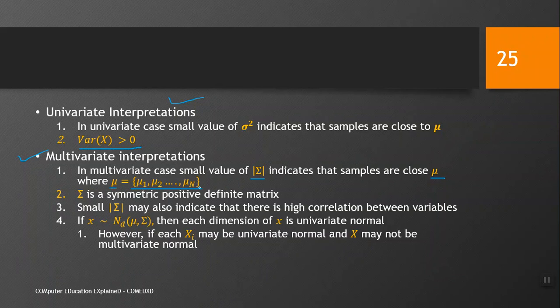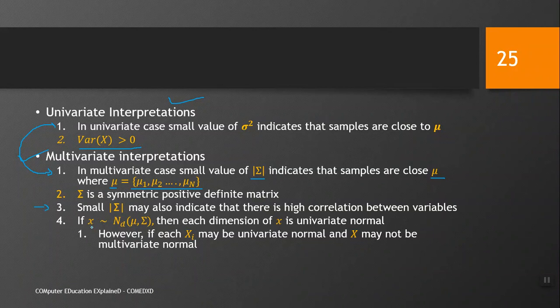Now try to understand this concept and try to match these 2 points. The sigma, this summation, is a symmetric positive definite matrix. Small values in this may also indicate that there is a high correlation between variables, right? So again look at that.